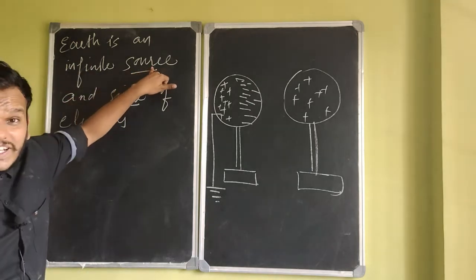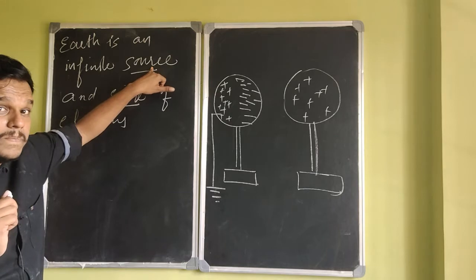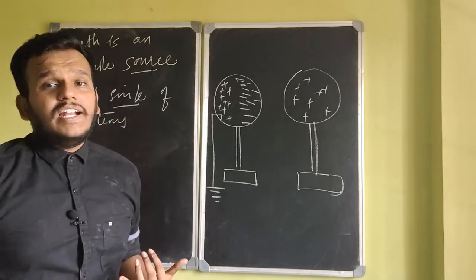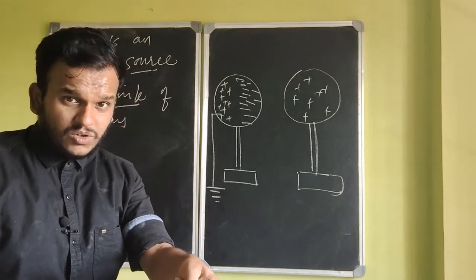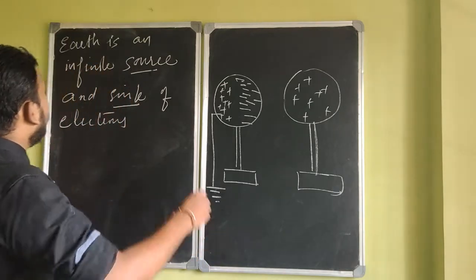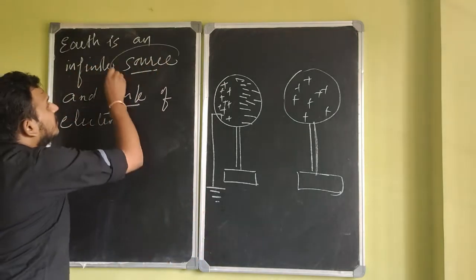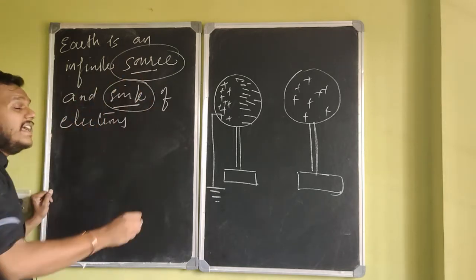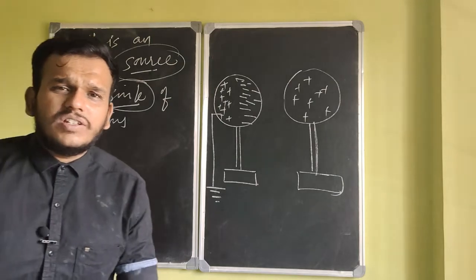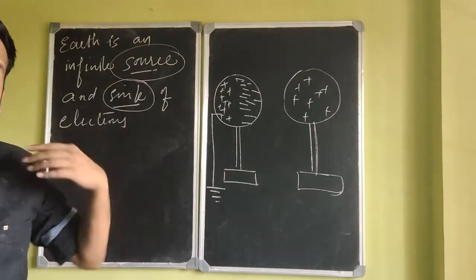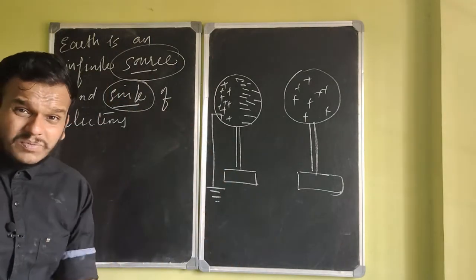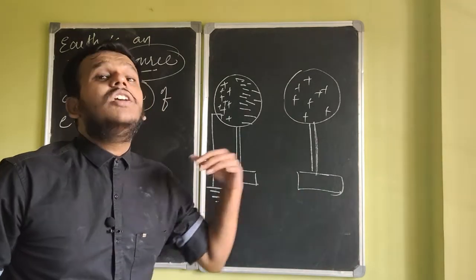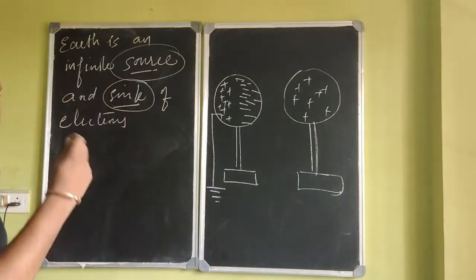So it becomes a source of electrons if there is a demand. And also if there is a demand, Earth can accept all the electrons that you can give to it. So it's an infinite source of electrons as well as an infinite sink of electrons. Based on the situation, it can act as a source as well as a sink. Basically, it can give you as many electrons as you like, or it can take as many electrons as you give to Earth, right?